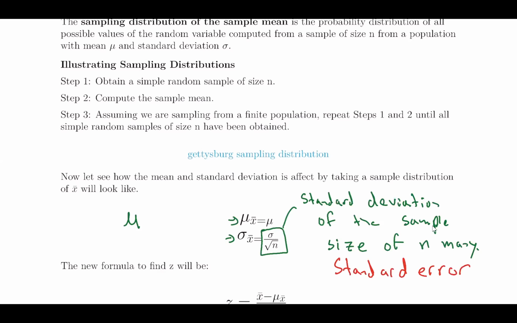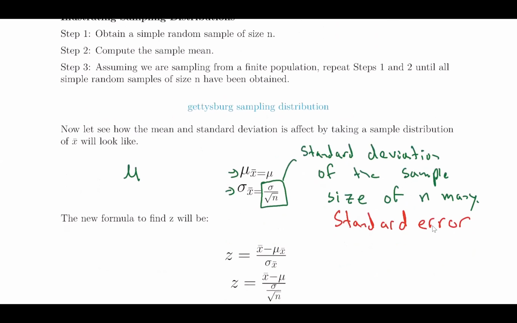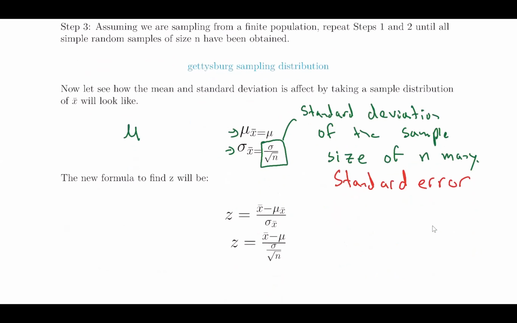So that's why we have this new z-score formula. If you notice, the old z-score formula was x minus mu divided by sigma. But we have to make some adjustment because we're not doing the z-score of a singular selection. We're making the z-score for n many selections. So instead of x, you put x bar.